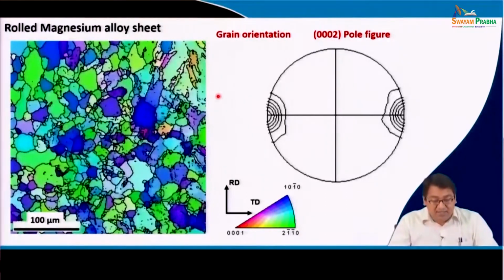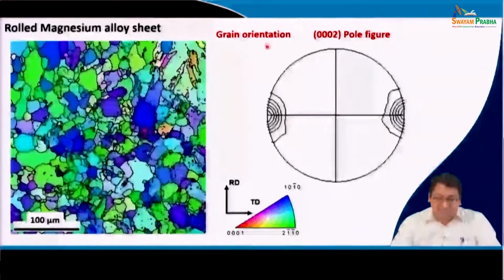One can relate it with the triangular color key code and say that most of the microstructure is along the 10-10 and 2-1-10 planes. If we look into this microstructure, we can get much more information apart from grain size, grain shape or grain size distribution, which can be calculated very appropriately, but we can also get the information of texture.